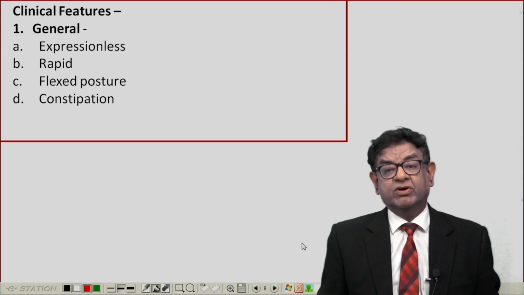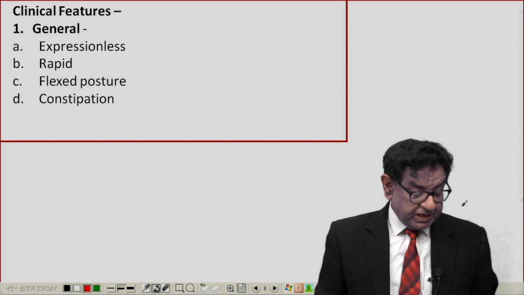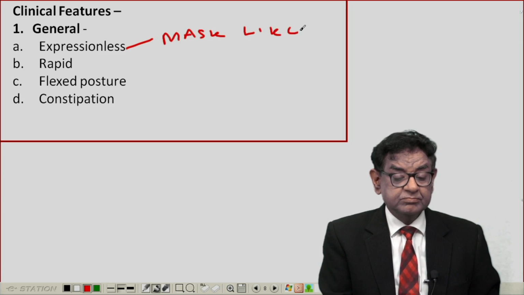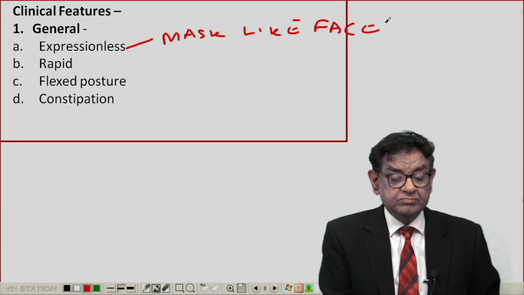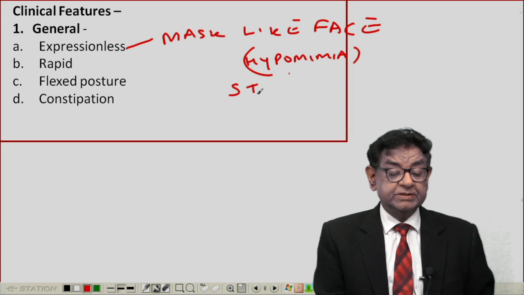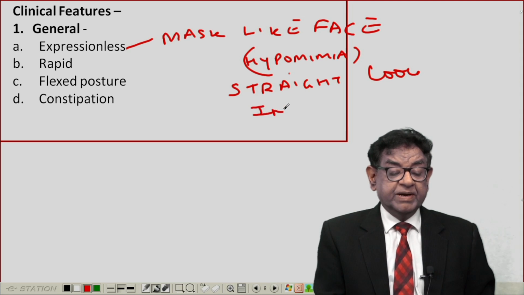So with this background of basic concept, let's talk about the clinical features. In general, there is an expressionless, mask-like face, and this is known as hypomimia. The patient has a straight look and infrequent blinking.